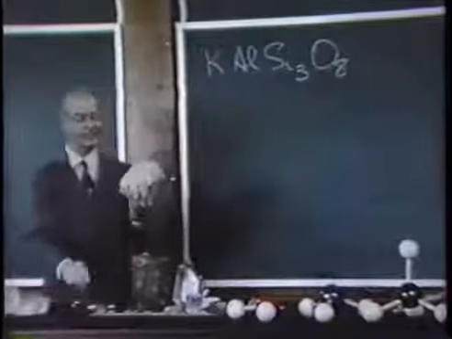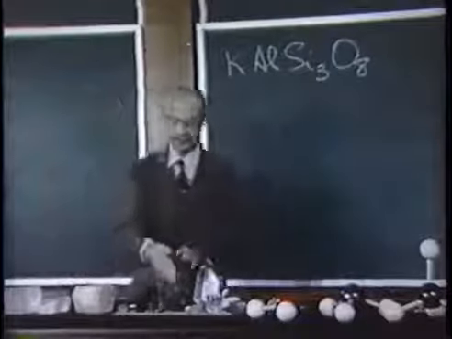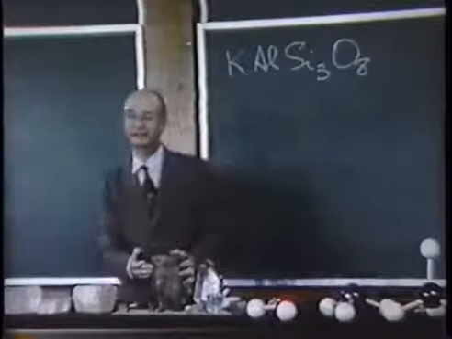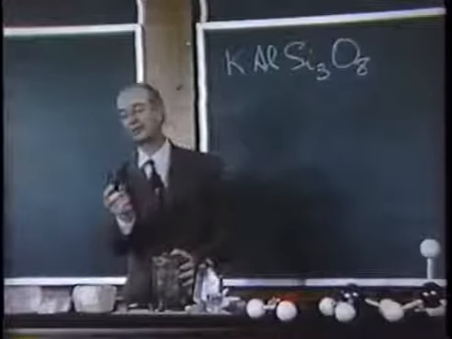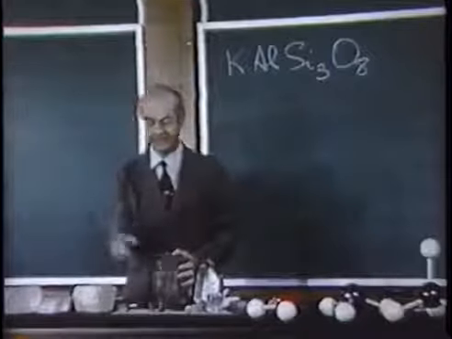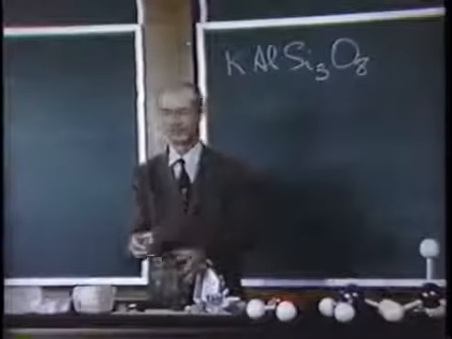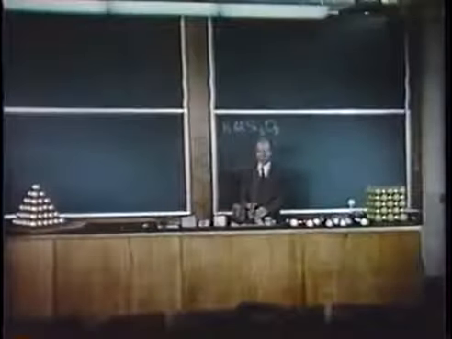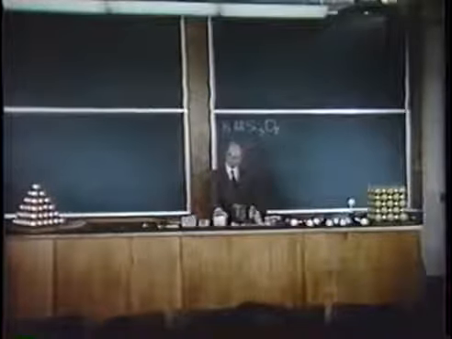It is a potassium aluminum silicate, aluminosilicate. These other crystals, beryl, Be3Al2Si6O18, garnet, Mg3Al2Si3O12, tourmaline, I can't remember the formula of tourmaline right at the moment. Silica, quartz, SiO2. These substances are hard and strong.